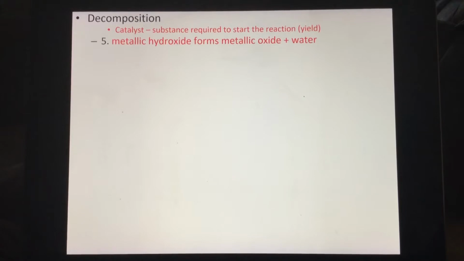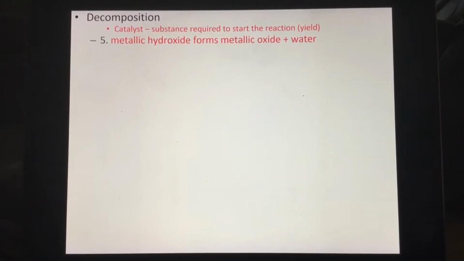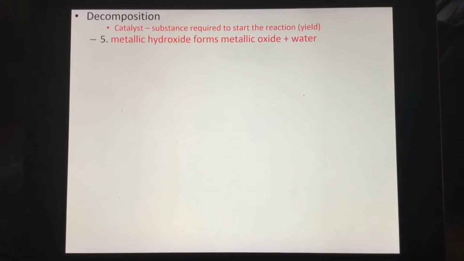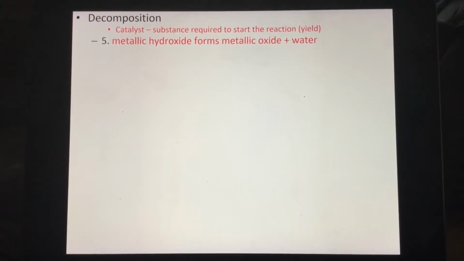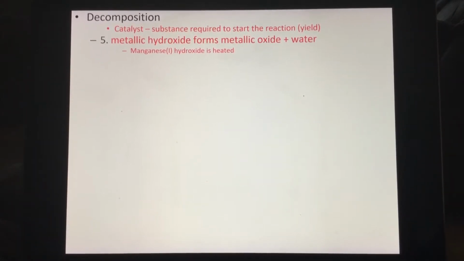So again, if you just flip that second synthesis reaction around, you have this first decomposition reaction. Remember, anytime we're dealing with a metal in a compound, we have to crisscross charges because that'll be an ionic compound. So an example of a metallic hydroxide decomposing would be manganese(I) hydroxide.